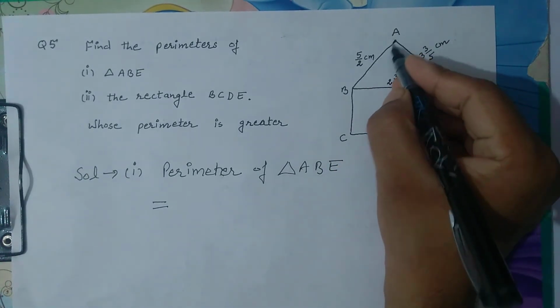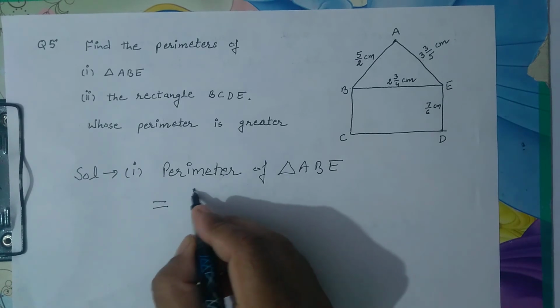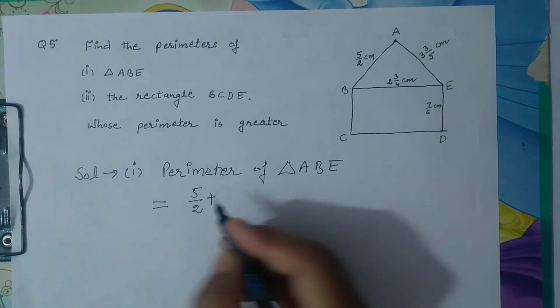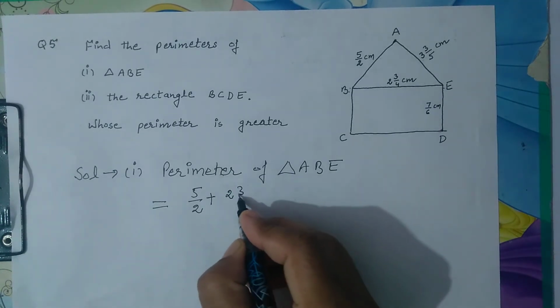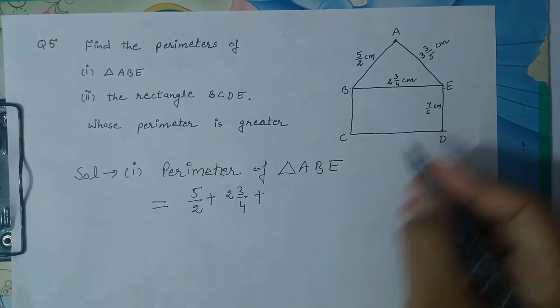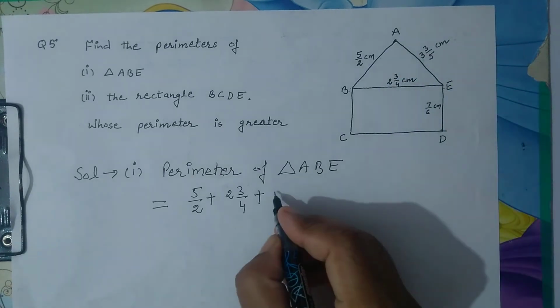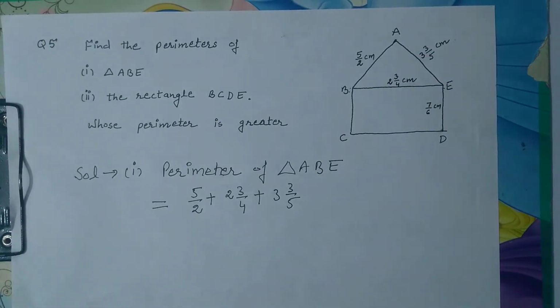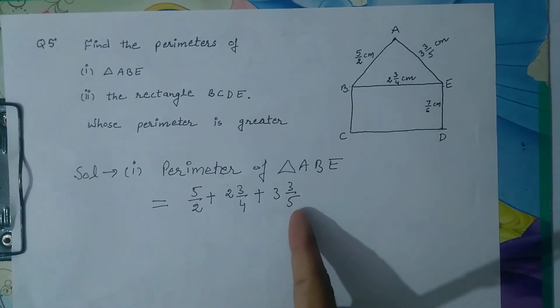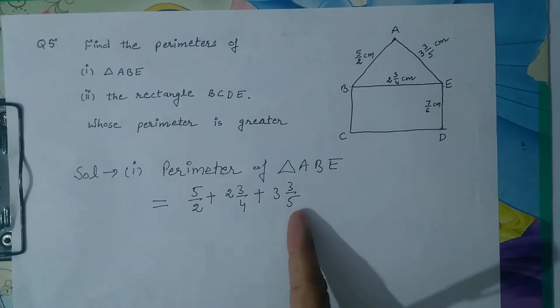That is to say, first of all AB 5 upon 2 plus BE 2 and 3 upon 4 plus EA, which is 3 and 3 by 5. Dear students, next you will add this question yourself.